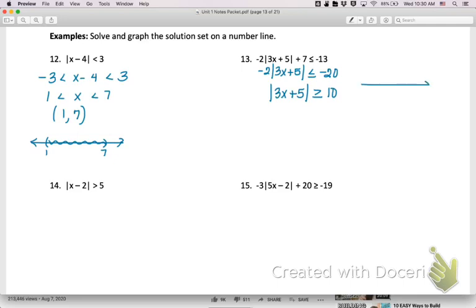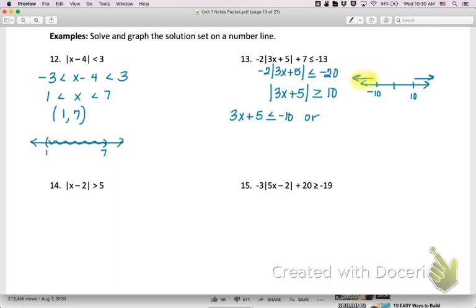Again, if we're thinking about what this looks like, we're in the middle. If I'm at 10 and negative 10, my distance needs to be getting farther. I need to be walking away from those values. So we know that either 3x plus 5 has to be less than or equal to negative 10. That's this side of the inequality.